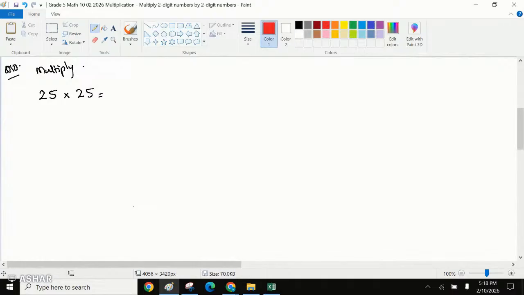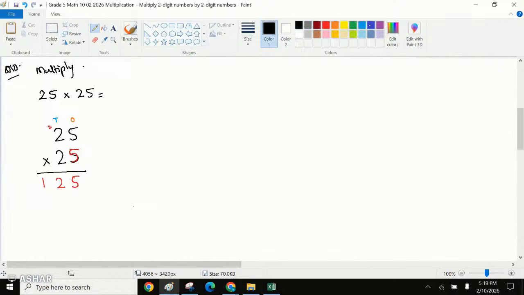If we need to multiply 25 by 25, we have the ones and the tens. The first one is multiplied with every 5. 5 multiplied by 5 is 25. There would be 5 ones and 2 tens. 5 multiplied by 2 is 10 plus 2, 12. Agreed?